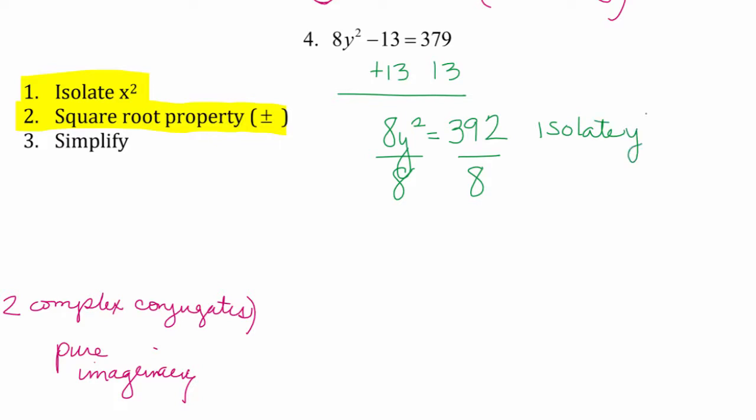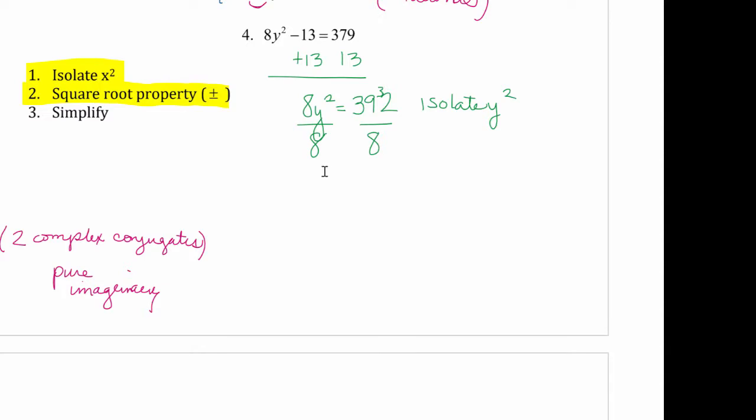That's really important when you're using the square root property. Okay, and so then 8 goes into 392 49 times.